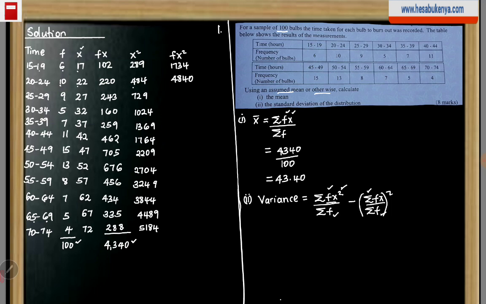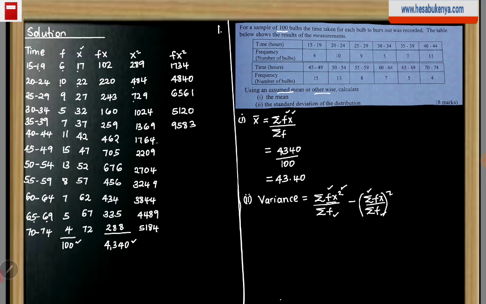Then 9 times 729 is 6561. Then 5 times 1024 is 5120. Then 7 times 1369 is 9583.